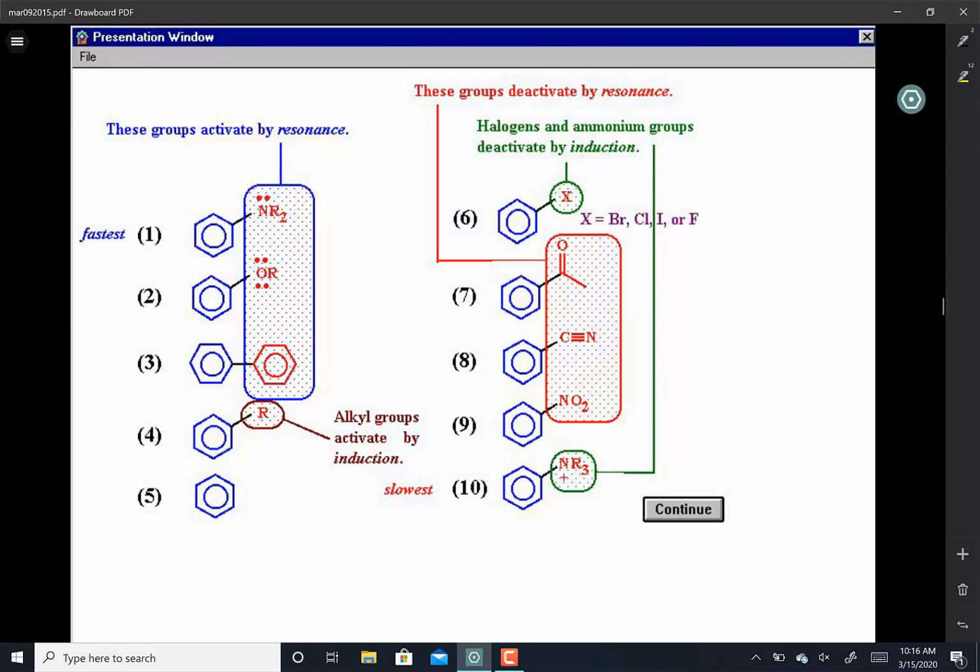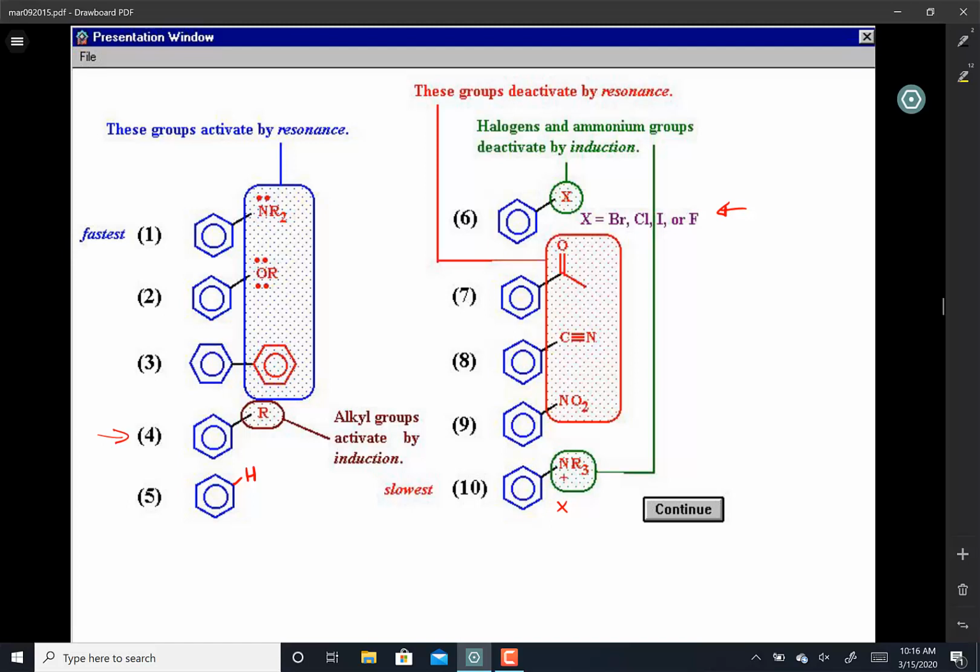So now we're back to the chart. And notice this chart has who activates by what mode. And again, I will just point out that induction, if we exclude the NR3 plus groups, is weakly activating. It is also weakly deactivating.